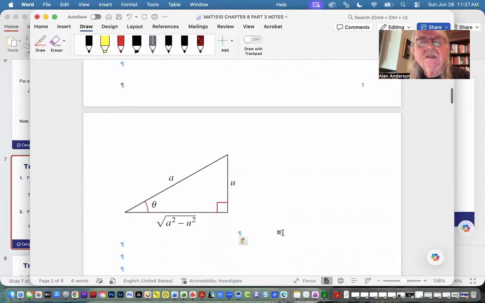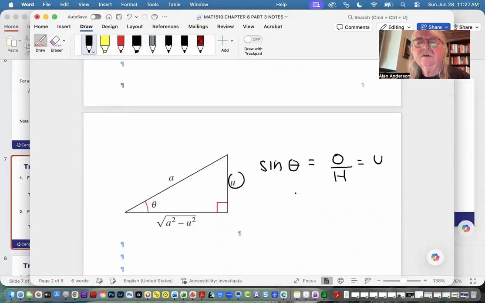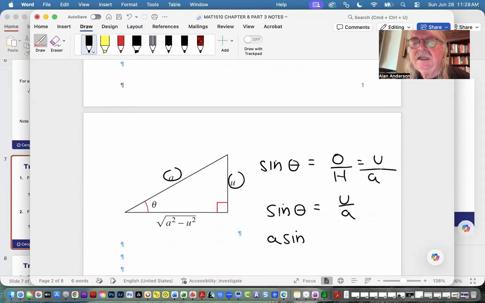So, in other words, remember that the sine of theta is the opposite over the hypotenuse, which means u over a. Which simply, if we cross multiply, implies that u is indeed a times sine theta. Okay, so we're going to use that to help simplify our results into something a little bit more manageable.